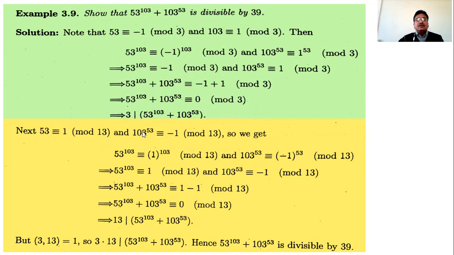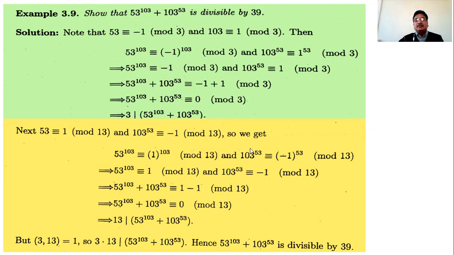And then 103 raised to 53 is congruent to minus 1 modulo 13. First take 103: 103 is congruent to minus 1 modulo 13.